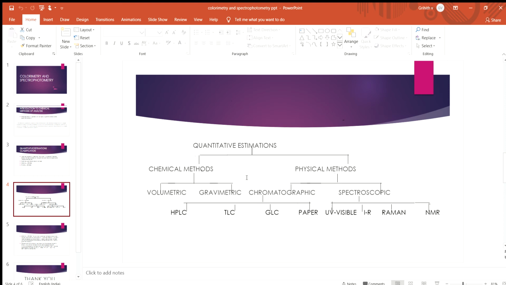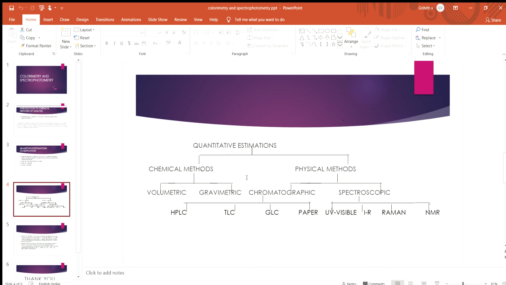In spectroscopic methods, as I told you, it is based on the measurement of electromagnetic radiation absorbed or emitted by the analyte. So these spectroscopic methods are completely instrumental methods of analysis. We can call this instrumental methods of analysis.